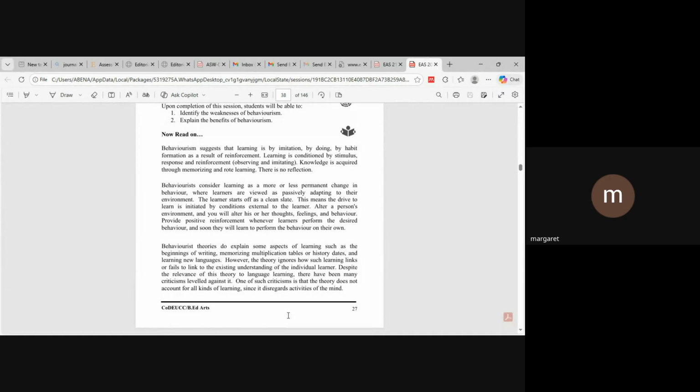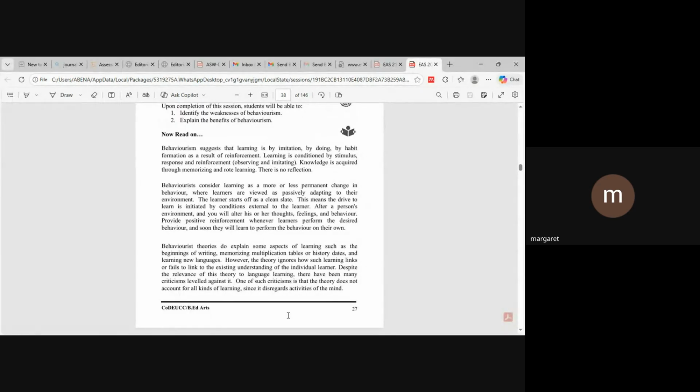we are going to look at some of the usefulness of behaviorism as a theory that explains learning and language learning. It says here that it is the first theory that ever explained language learning. Most of the theories that explain learning, behaviorism began the theory.